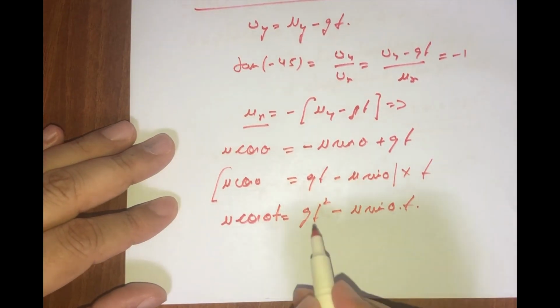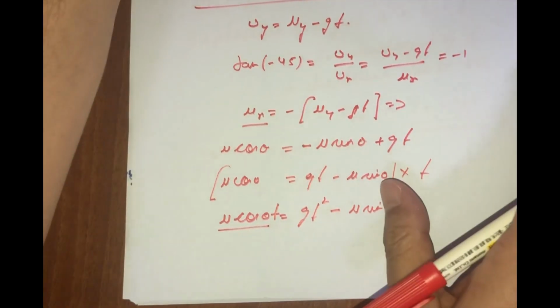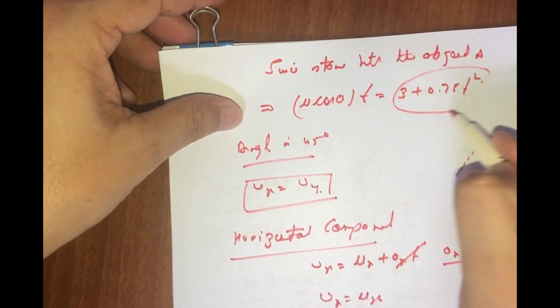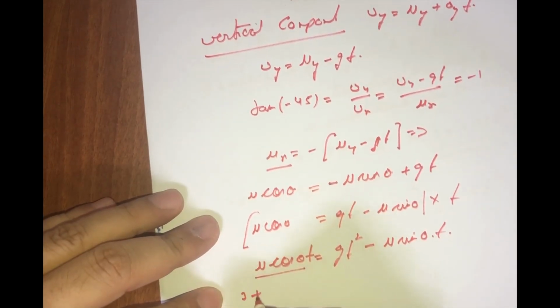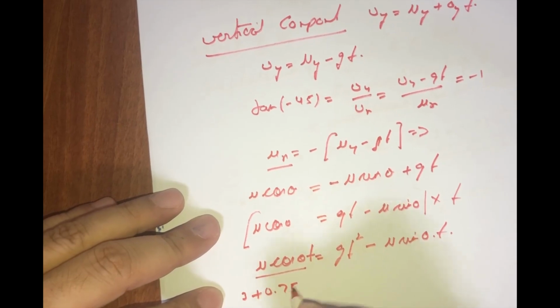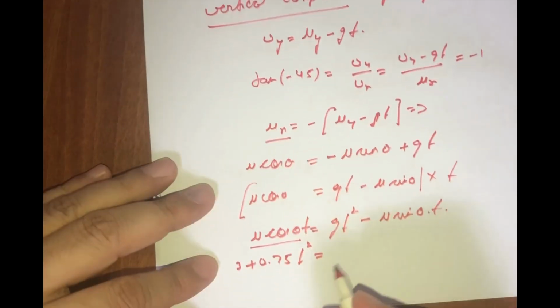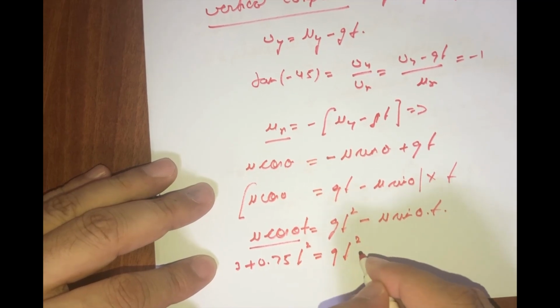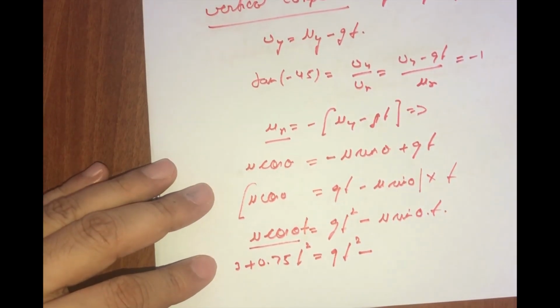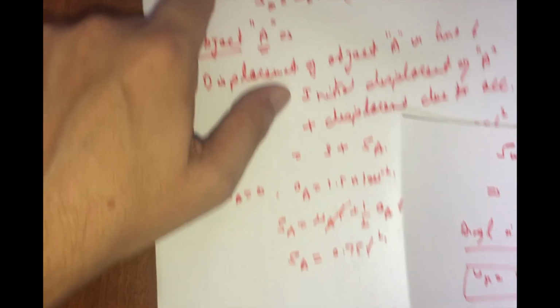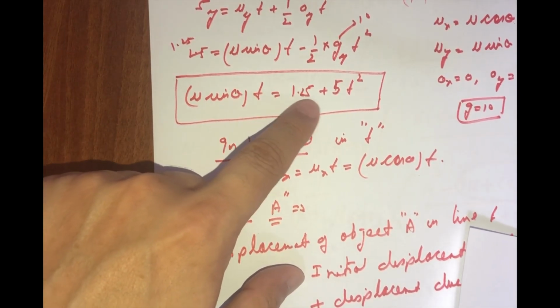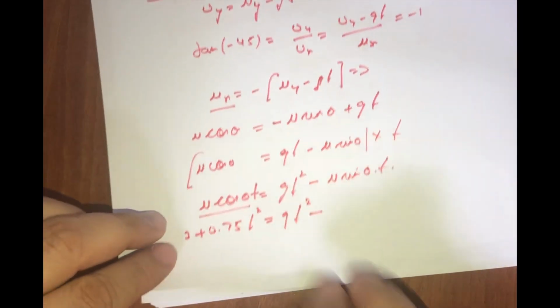Now we know u cos of theta multiplied by t is this value. We substitute it here, we get 3 plus 0.75 t square is equal to gt square minus, and we already found out the value of u sine theta multiplied by t, that is equal to 1.25 plus 5t square.